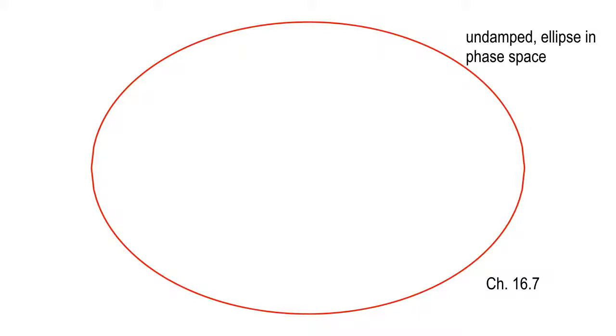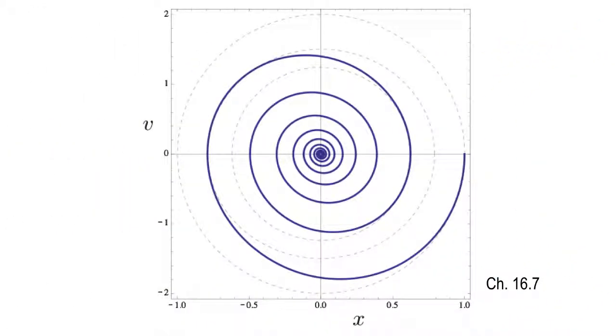So every time you go around the ellipse, you're actually going to be dipping inward a little bit. And so what it looks like is something like this. It might not be a golden spiral, but it's going to spiral inward. And this one's actually a little bit tilted because of the initial conditions. But it goes smaller and smaller.